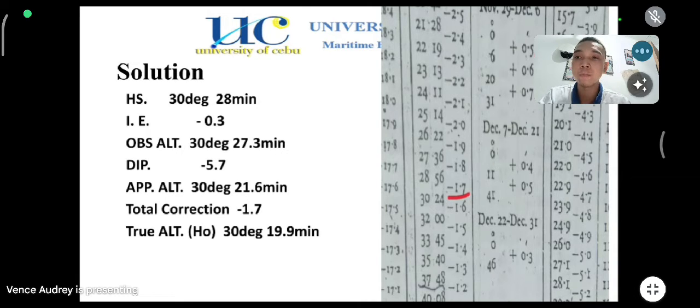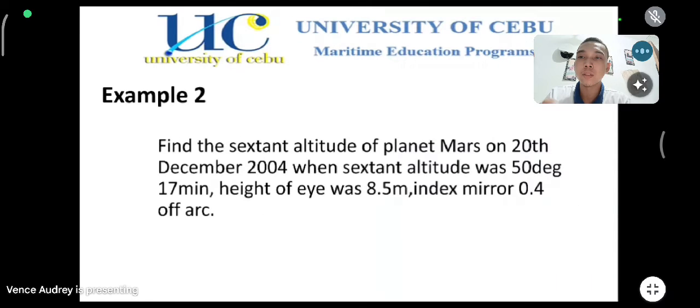Subtracting it from our apparent altitude, we get our true altitude, which is 30 degrees 19.9 minutes. Thank you so much. Example number 2 would be reported by Cadet Kadipida.